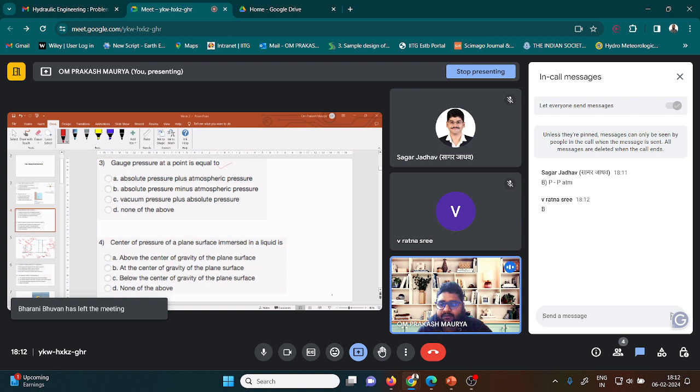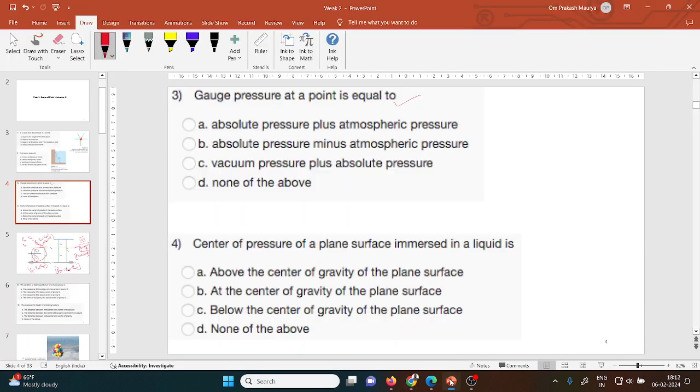Okay, I think he lost the connection. So option B is correct. Gauge pressure is always P absolute minus P atmospheric. So this is good. Now moving a little bit.